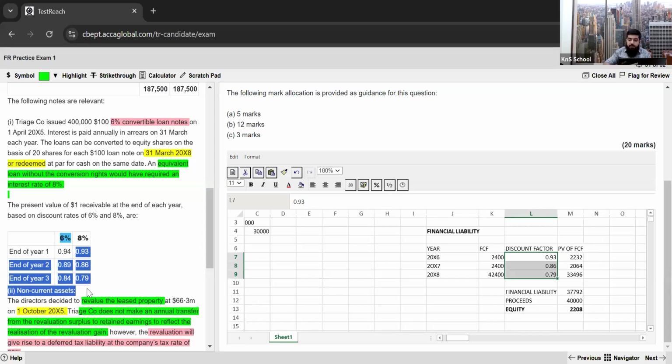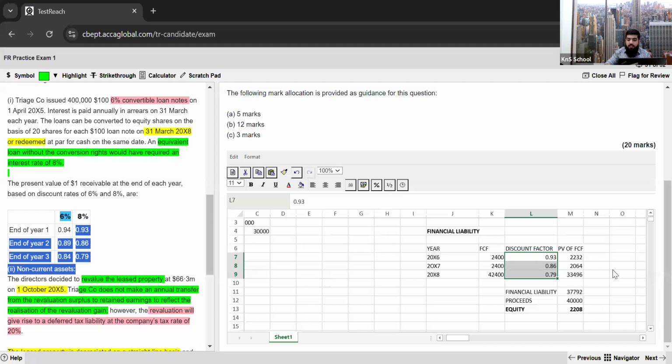So we have calculated the present value of future cash flows, and the financial liability was 37792, and we have received 40,000. If we deduct it, there will be an equity component.